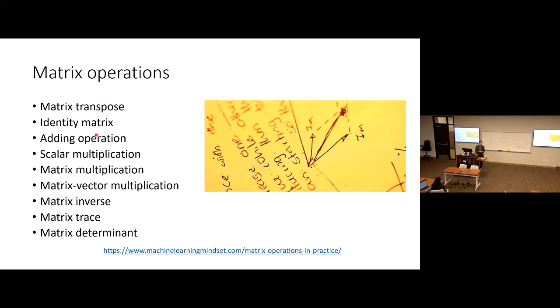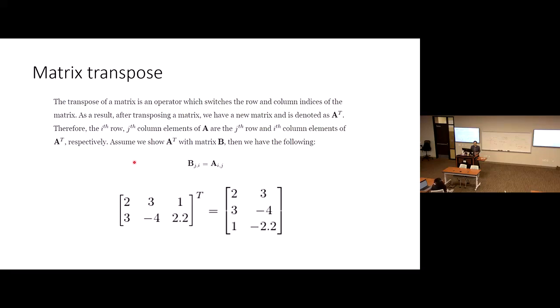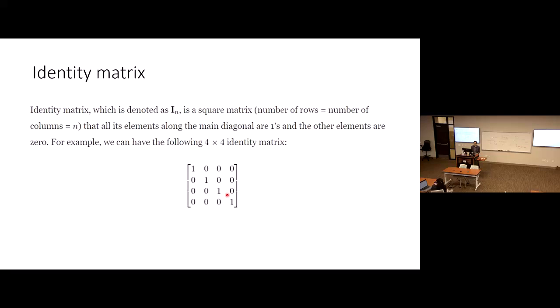So if you have a matrix 4 by 5, another matrix also has to be 4 by 5, then you can do addition. You just add up every element in the corresponding position. Scalar multiplication is easy, okay? So this is transposition. Transpose, okay? We don't have to explain.